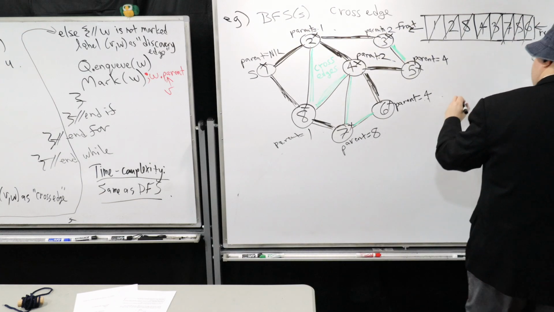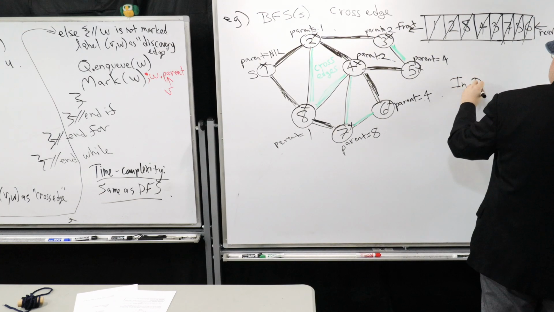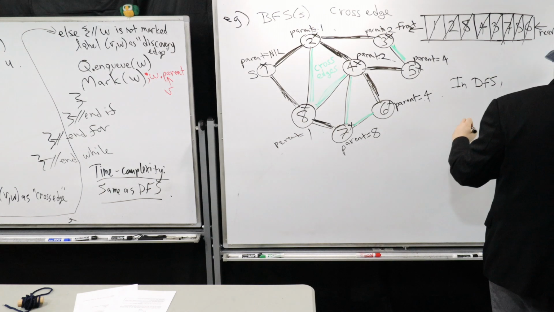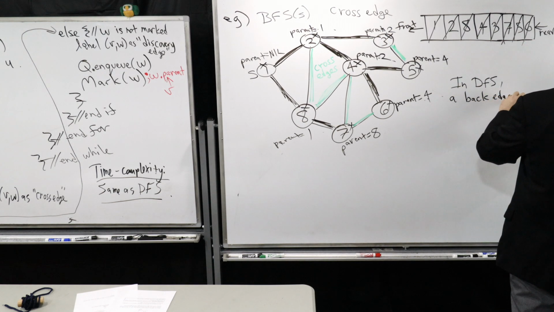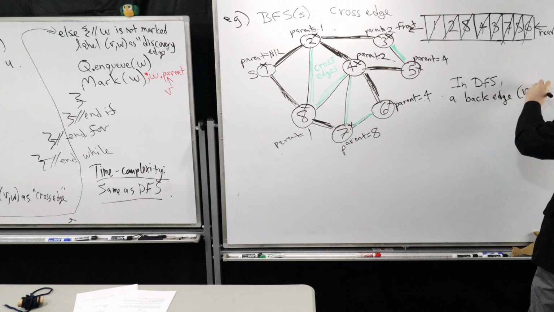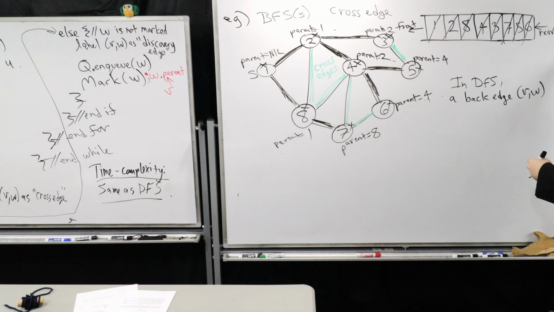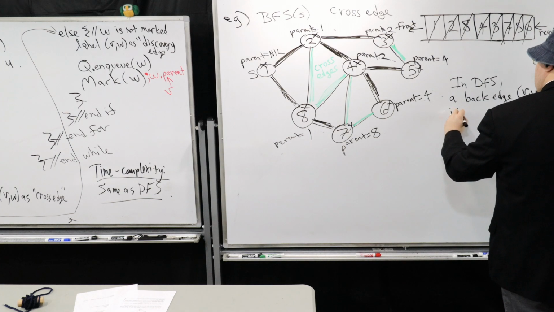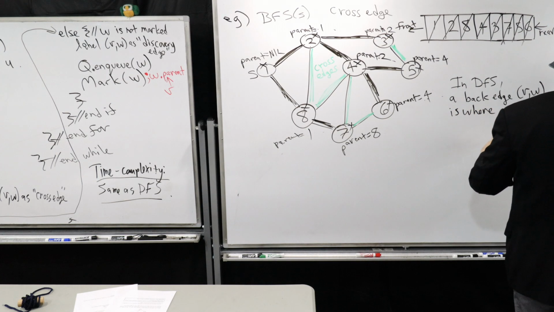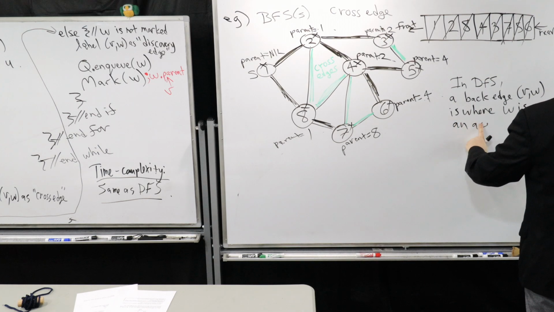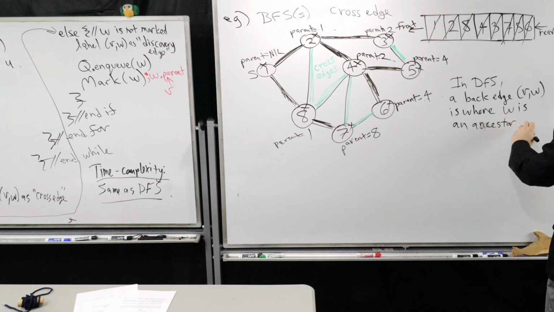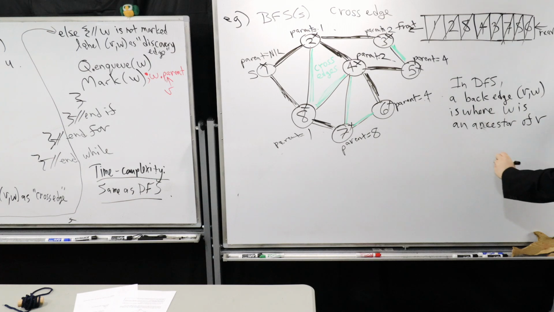So in DFS, a back edge VW is where W is an ancestor of V in the DFS tree.